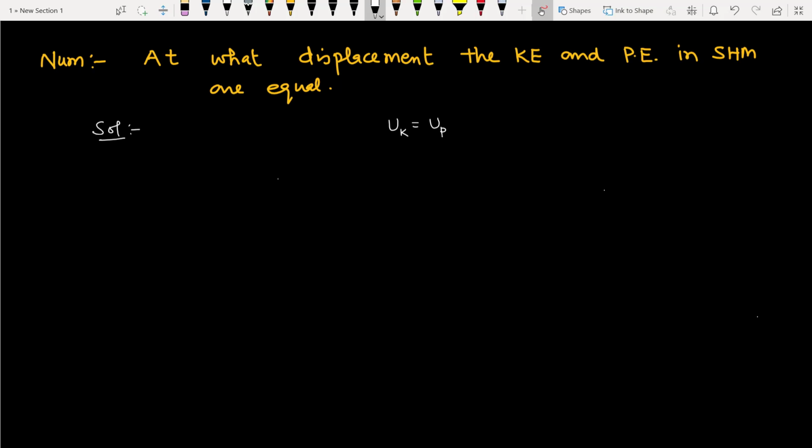Kinetic energy is half m omega naught square a square sine square omega naught t. Potential energy is half m omega naught square a square cos square omega naught t.